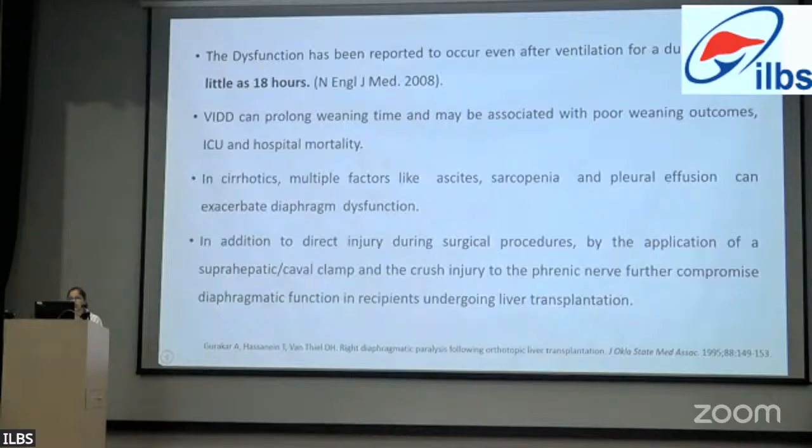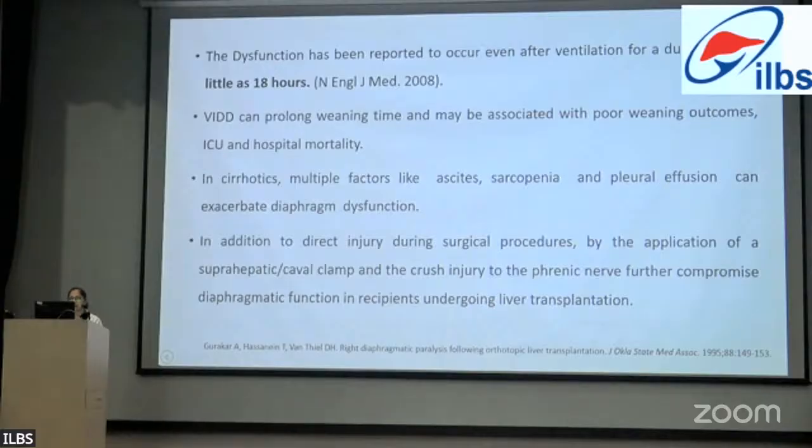It has been reported to occur even after ventilation for as little as 18 hours. VIDD can prolong weaning time and may be associated with poor weaning outcomes, ICU and in-hospital mortality. In cirrhotics, multiple factors like ascites, sarcopenia, and pleural effusion can exacerbate diaphragm dysfunction.